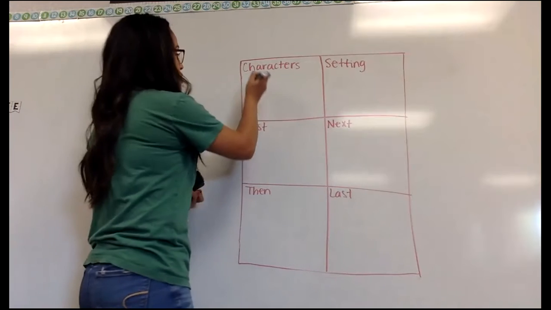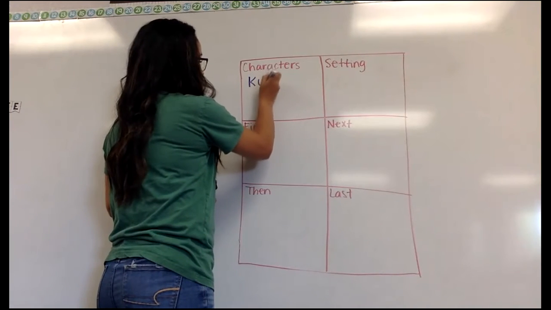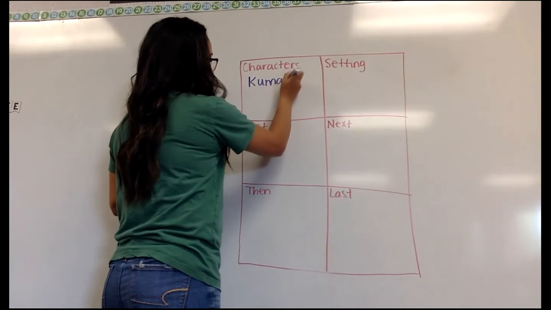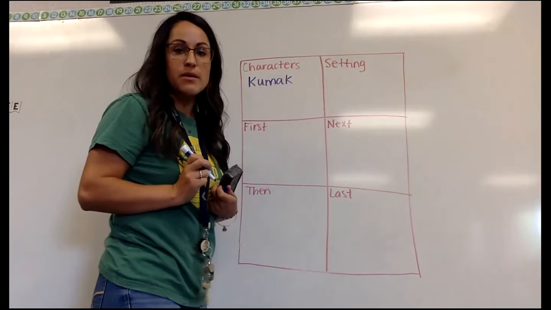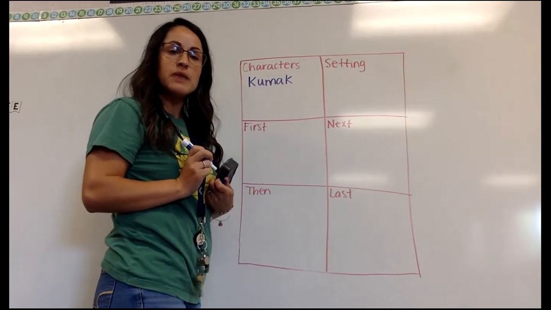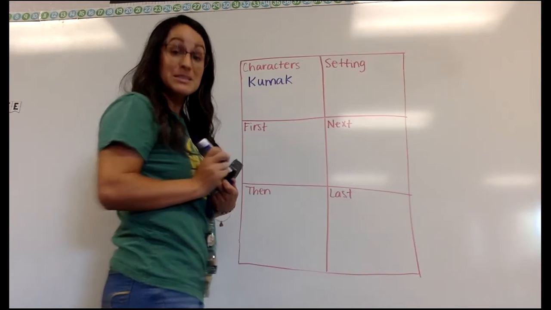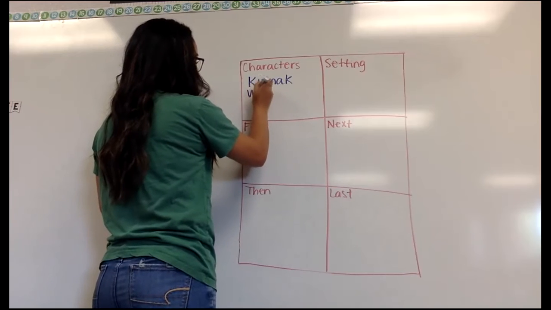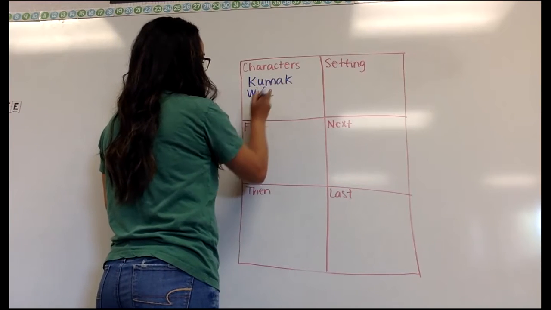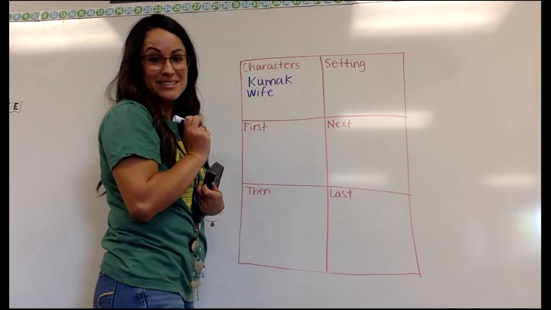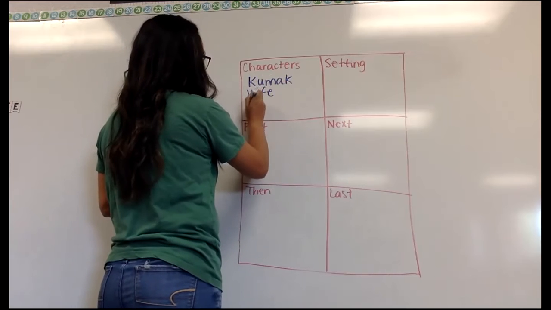We had Kumak. And you guys are writing this with me, okay? So we had Kumak. Who else did we have? His wife. Then his wife's mom.